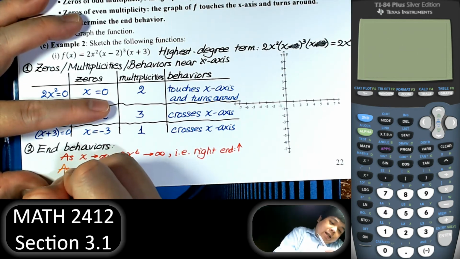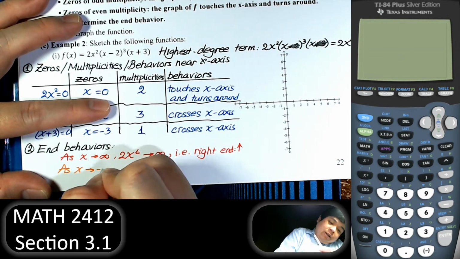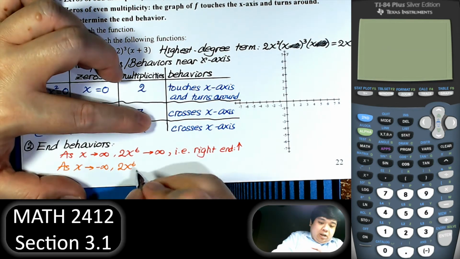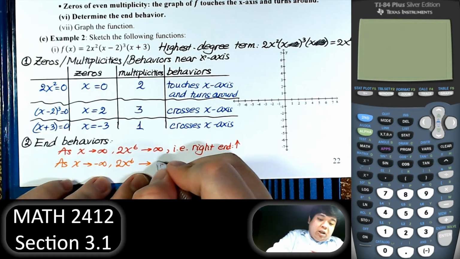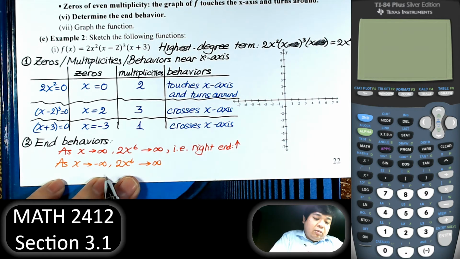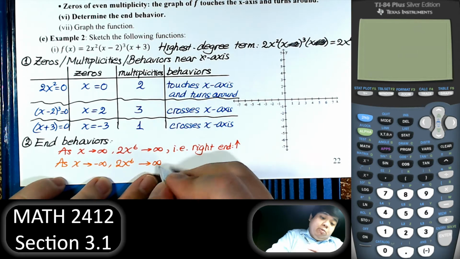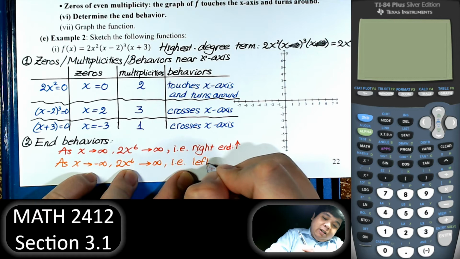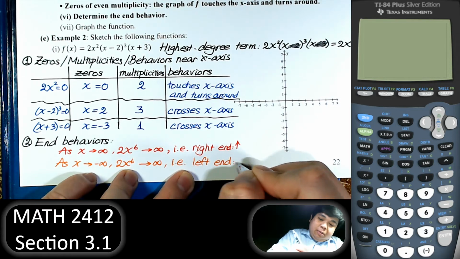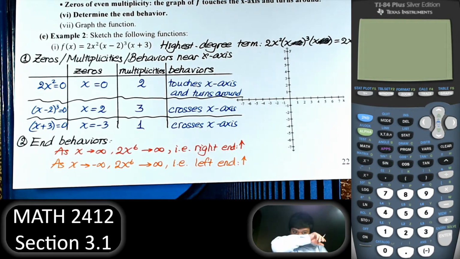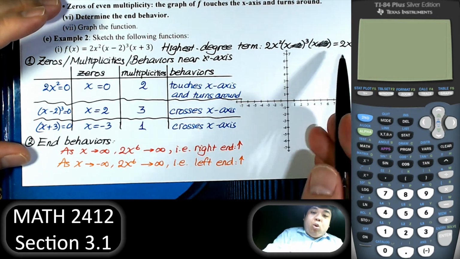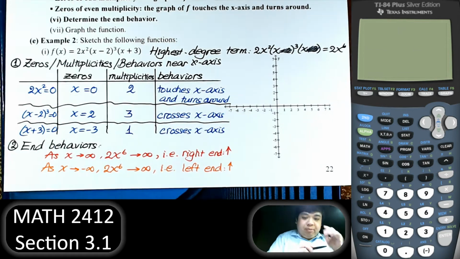Now, as x goes to negative infinity, 2x to the 6 is still positive infinity, because a negative in an even power still turns to positive. So we have the left end go up as well. And of course we can say the number of turning points will be at most 5.